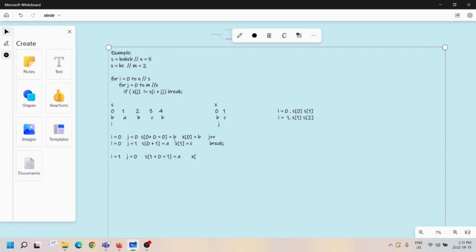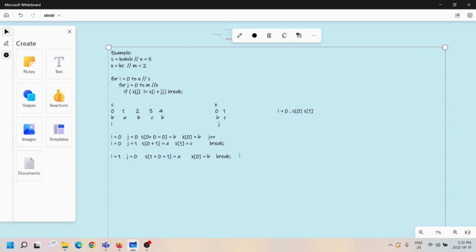And X is going to get the value of J, which is 0, and that is B. It didn't match, and we are going to break. Fine. So we are not able to move forward from S1 itself, so S2 never came into the picture because we break from here. So this did not happen. All right.